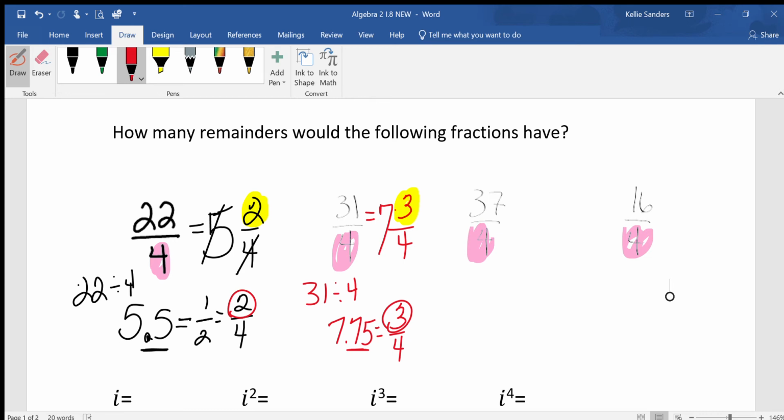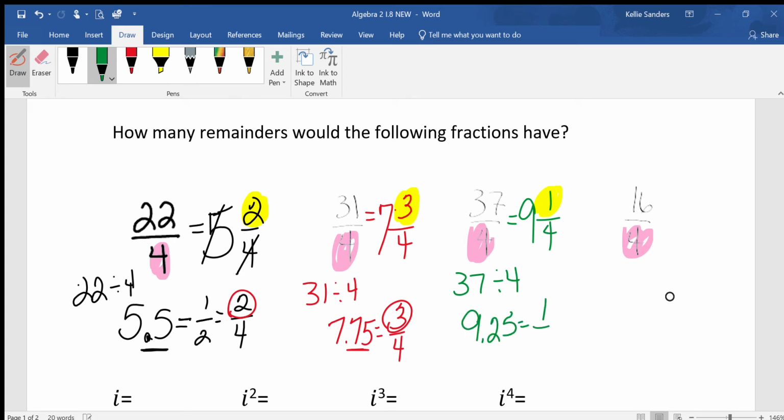Now 4 goes into 37 9 times. Don't really care about the 9. I just want to know how many is left over, and it would be 1. If you put 37 divided by 4 in a calculator, you get 9.25, which is 1/4. So there's the 1.